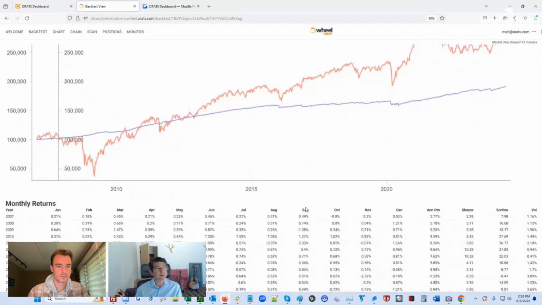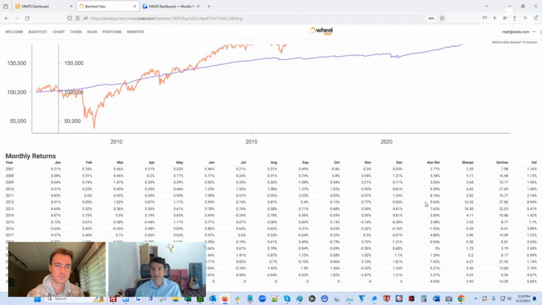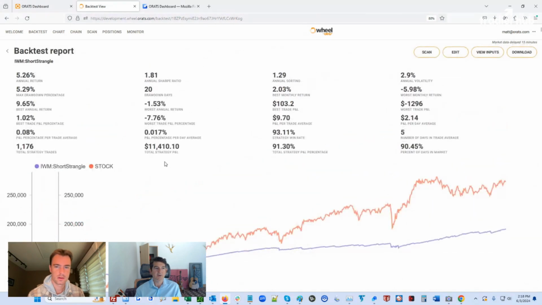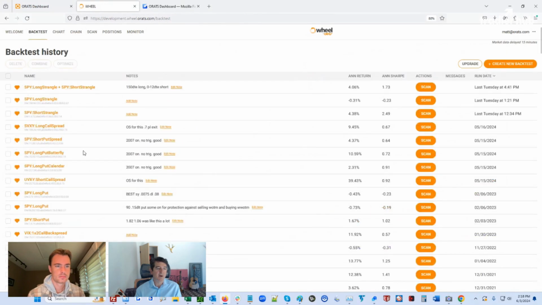One, some places won't let you just naked sell a strangle, and this allows you to use margin a lot better. And then also, on the times when this does poorly, the long strangle will do better. So that's the short strangle.